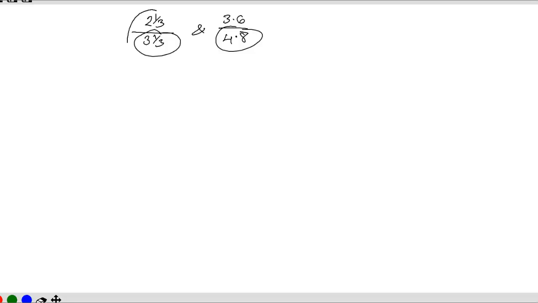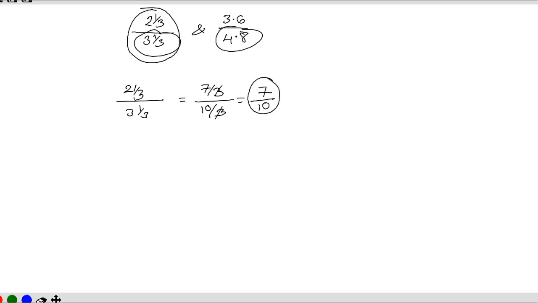Let's simplify the first ratio. 2 1 by 3 को मैं लिख सकता हूं 7 upon 3, right? Similarly 3 1 by 3 को I can write 10 upon 3. Now this 3 will get cancelled and बचेगा क्या, 7 upon 10.